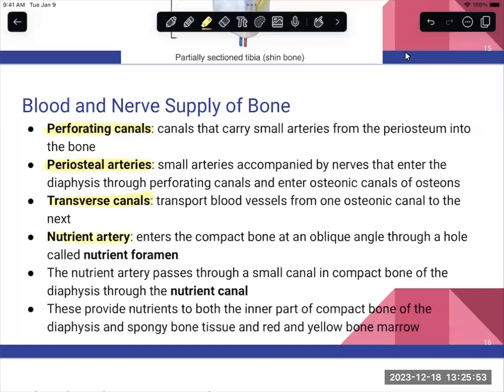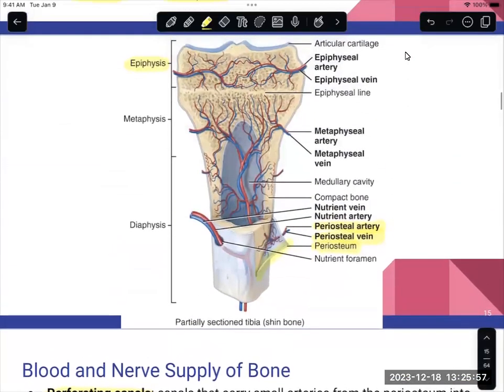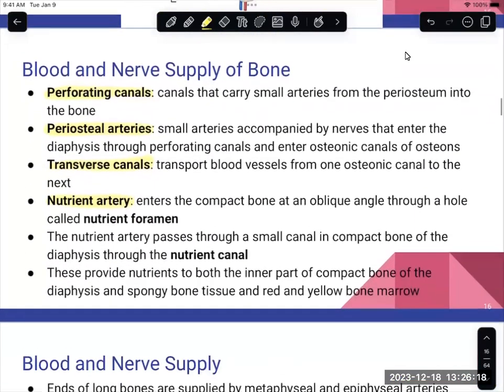We have nutrient arteries. Here's a nutrient artery. Here's nutrient arteries. These are arteries that go through minute little holes in the bone to help provide those nutrients. They're doing exactly what it says. A nutrient artery provides nutrients.